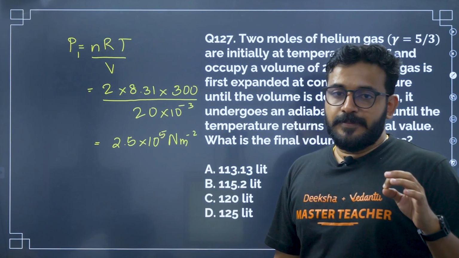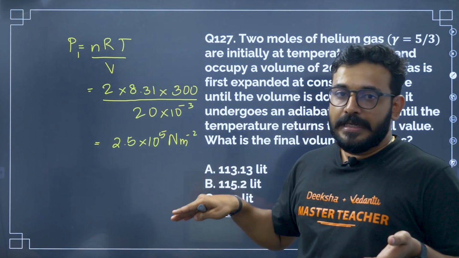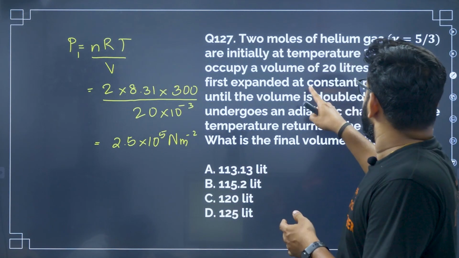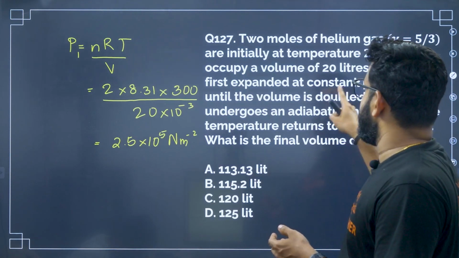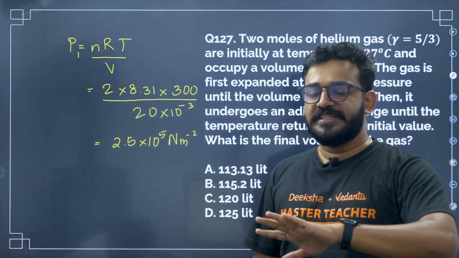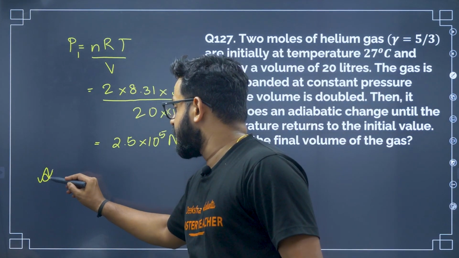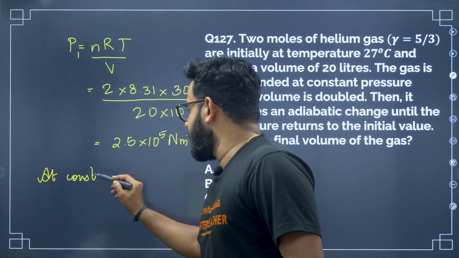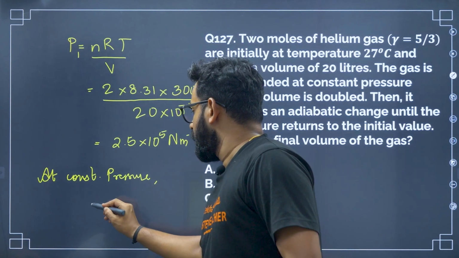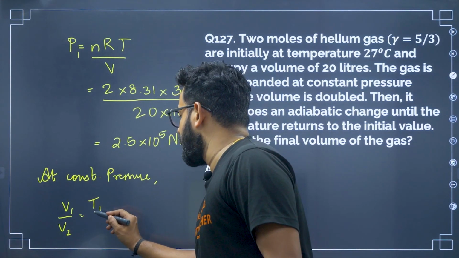Now at this constant pressure, what can you find out? Maintaining the constant pressure we found, the volume is changed. The gas is first expanded at constant pressure until the volume is doubled. At constant pressure, when you expand the volume, which other quantity will change? Obviously, temperature. So at constant pressure, V1 by V2 is equal to T1 by T2.